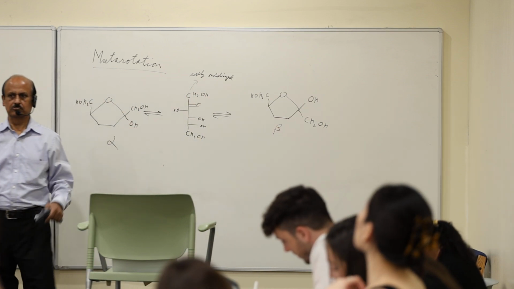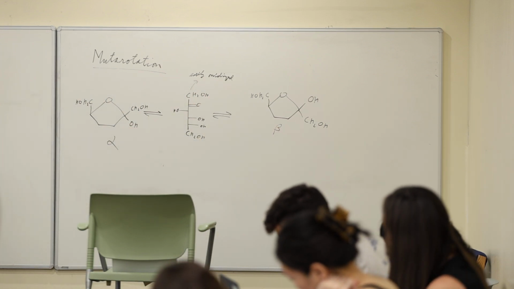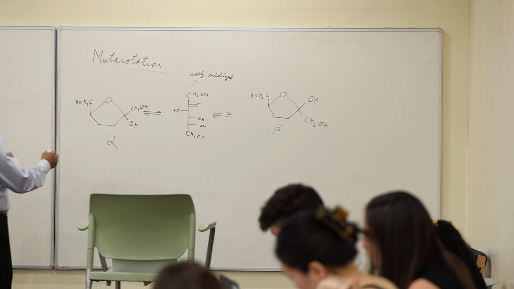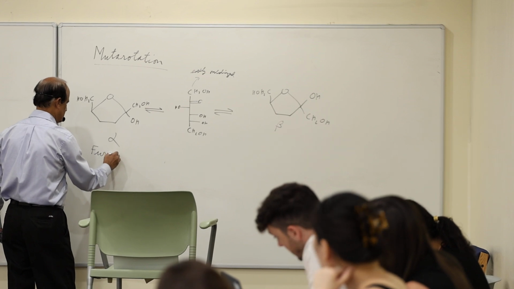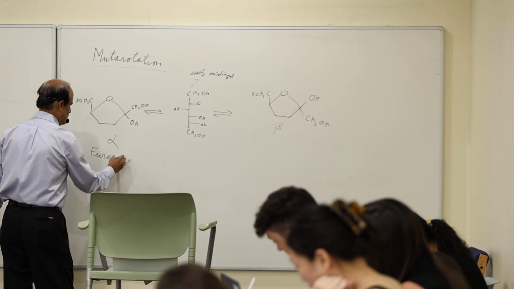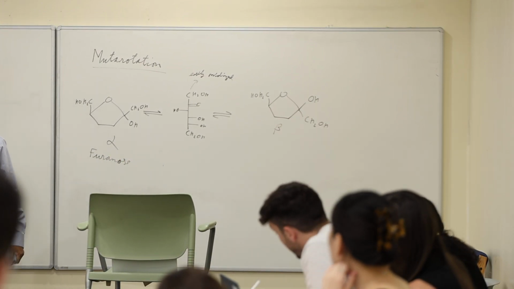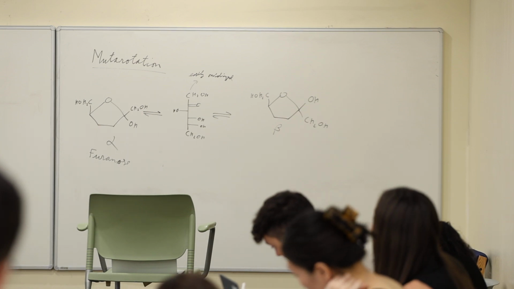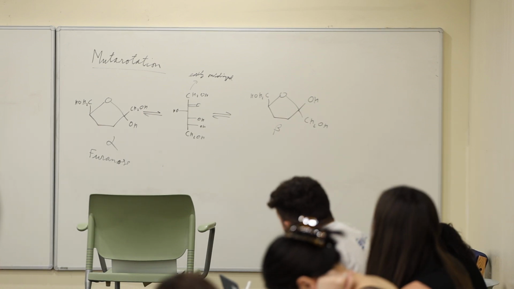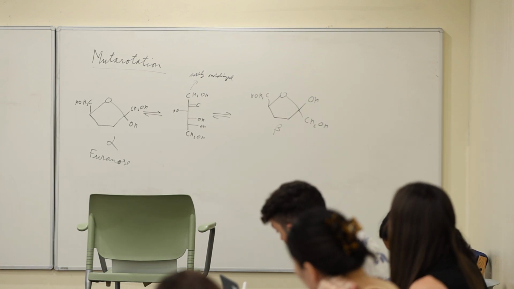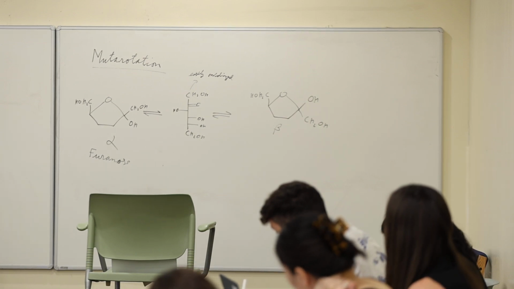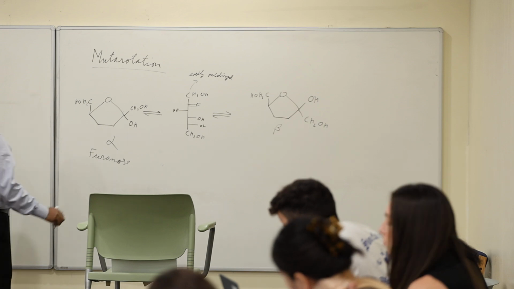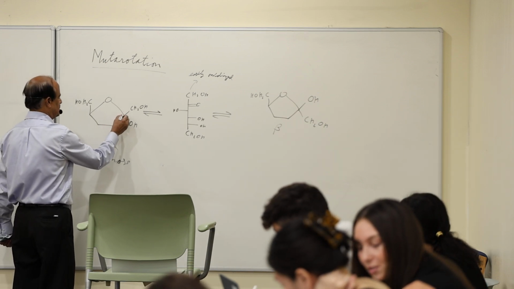I'm not drawing the other two OH groups. When you have a 5-membered ring like this, this is called a furanose. So glucose exists as a pyranose, and this is a furanose, or a 5-membered ring. And once again, it's easy to tell which one is the anomeric carbon or the anomeric OH.